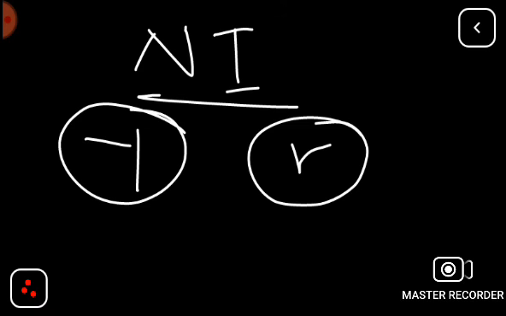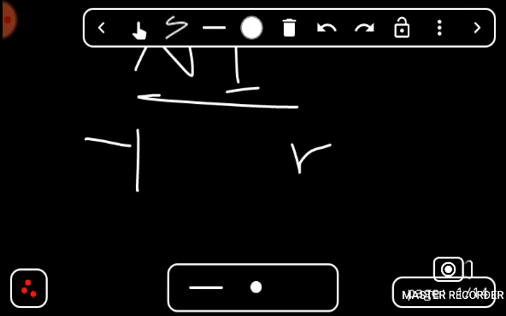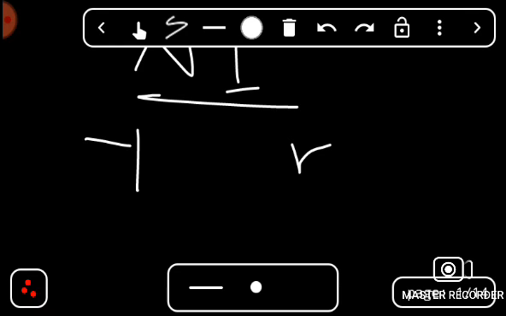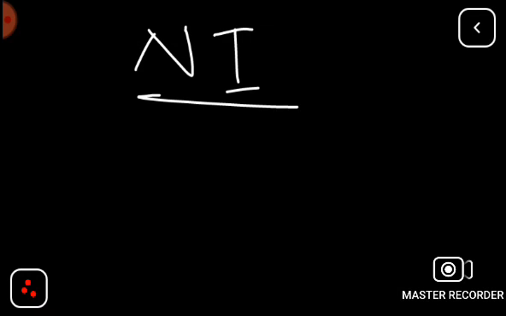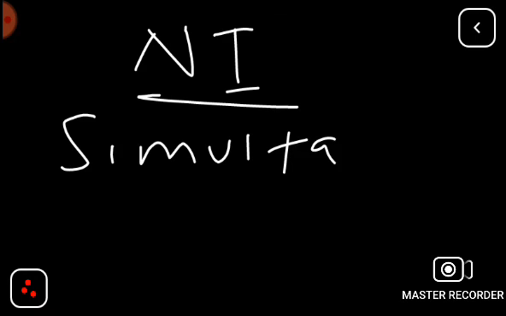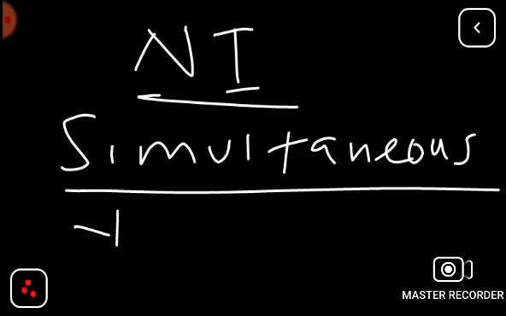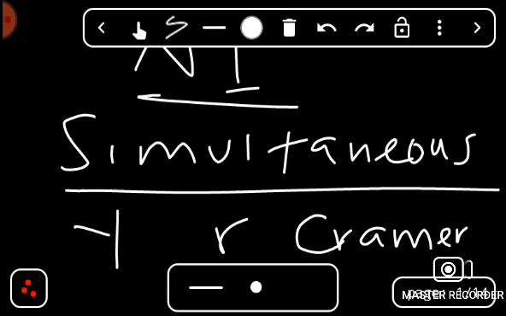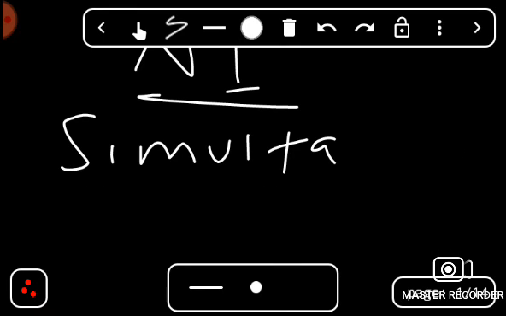When finding the income and finding the rate, we normally have two equations, which we solve simultaneously using any method. So in most of my calculations, when finding the income and the rate, I'll be using Cramer's rule, which is the simplest, and it will give you an accurate answer when finding income and rates.